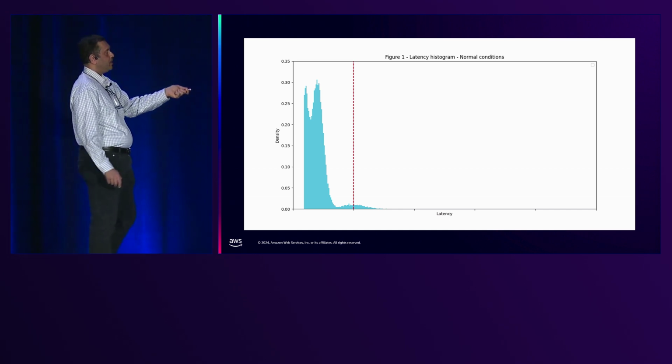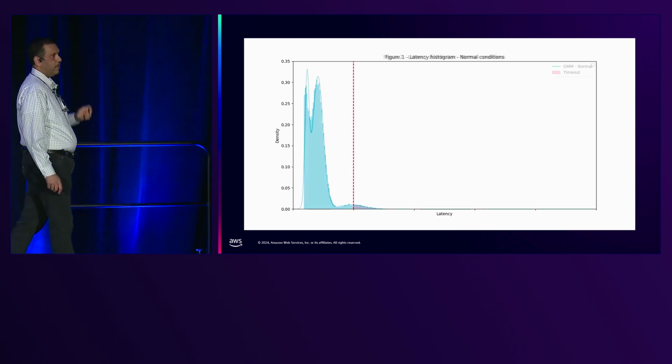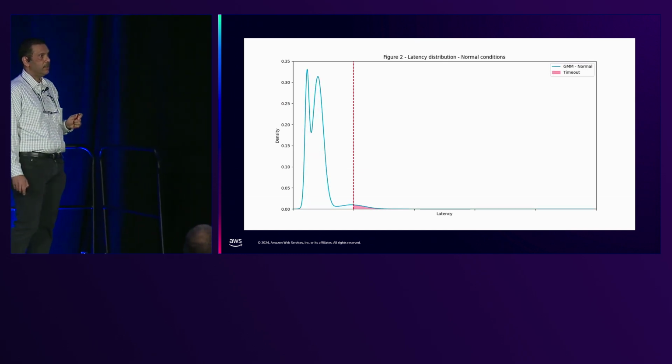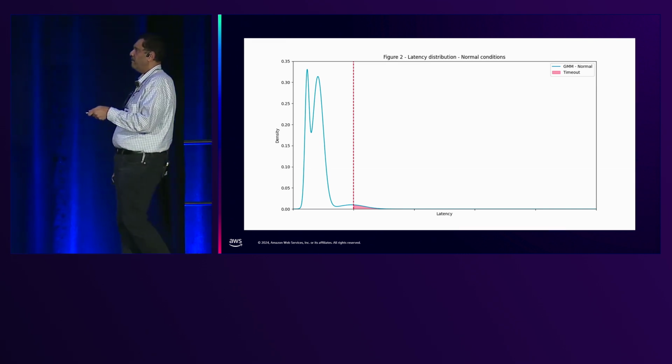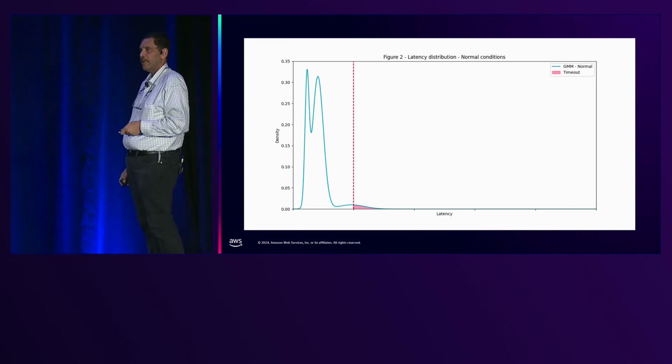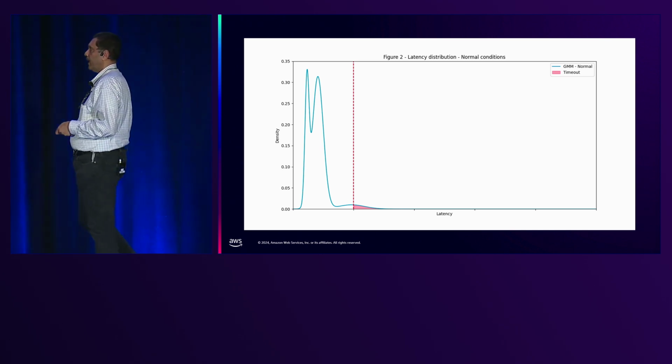So we did this simulation, and we said, OK, here's a histogram of the latencies. We computed the Gaussian model on this. These are the two curves. It's a trimodal distribution. Great. A very small amount of time they got timeouts. One day, something happened in the network.